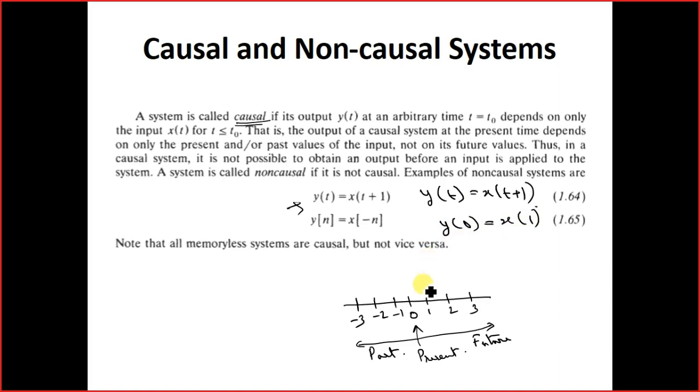Now in this case, y of 0, we are at this present instance, the 0 index. However, we are taking value from the future instances, so this is a non-causal system.